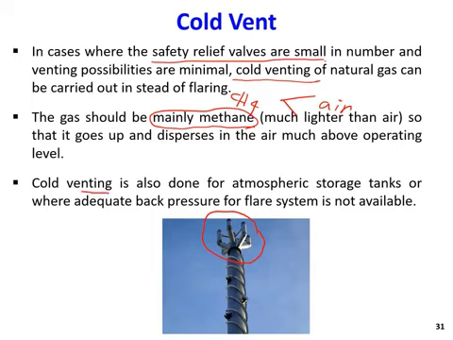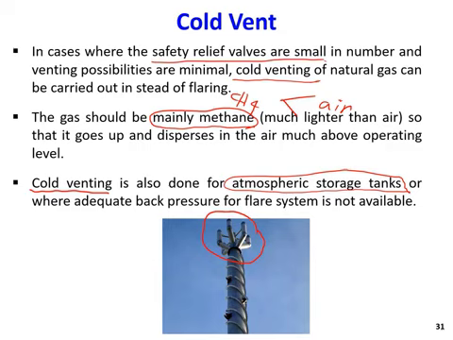So it is used for when the flare system is connected to the atmospheric storage tank. We are going to talk about these tanks in the next slide. So the atmospheric storage tank is when we have cold venting.